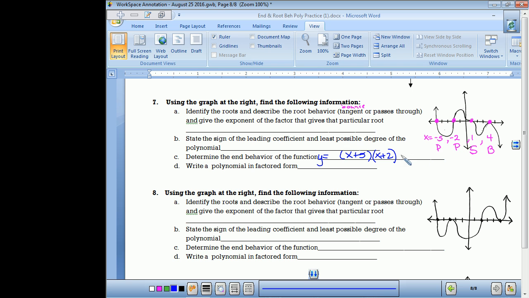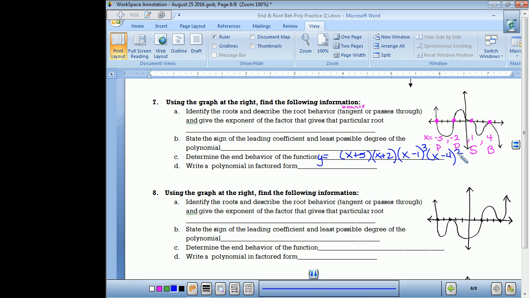It passed, so it's to the first. If positive 1 is my x-intercept, what's my factor? x minus 1. Now this one squiggles, so it needs to be at least to the third power. And then 4 becomes x minus 4, but this one bounced, so it's squared.